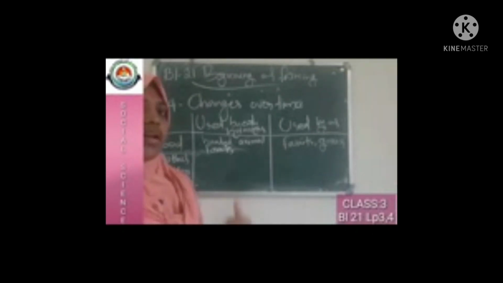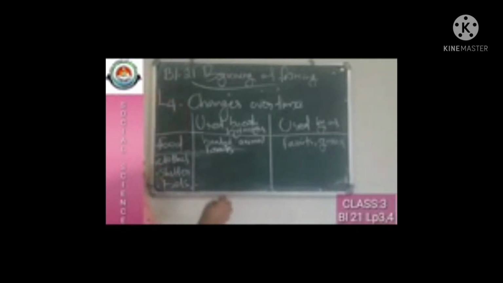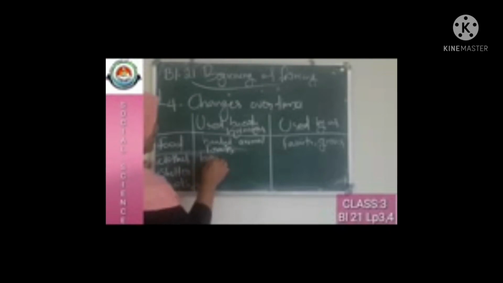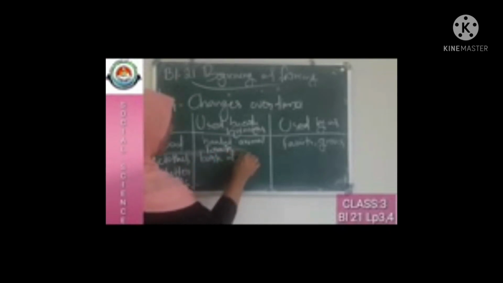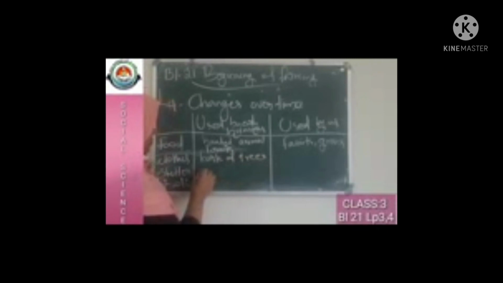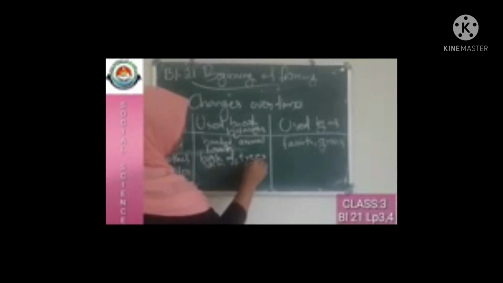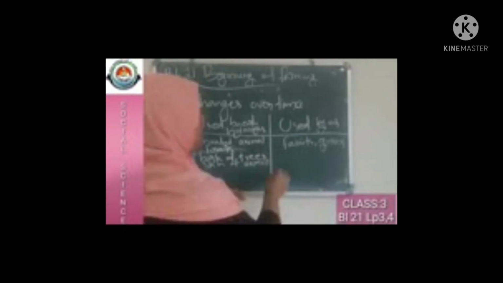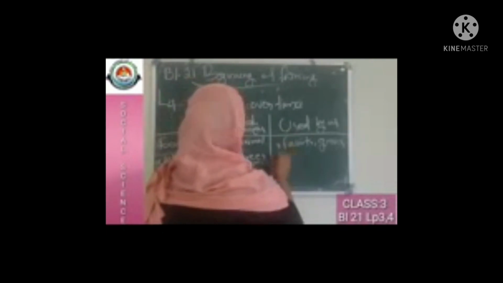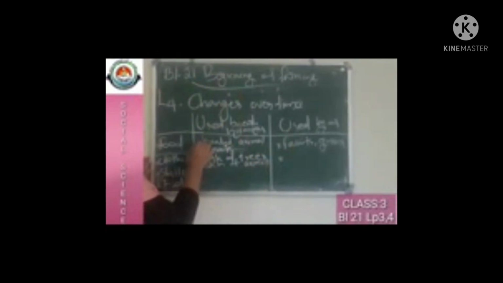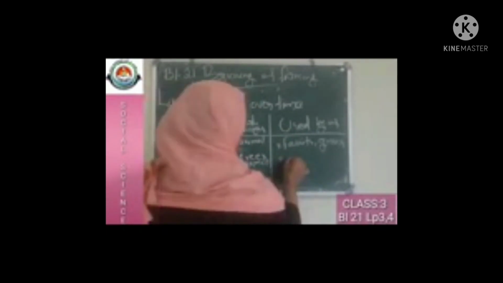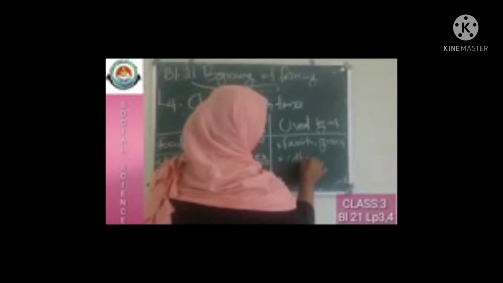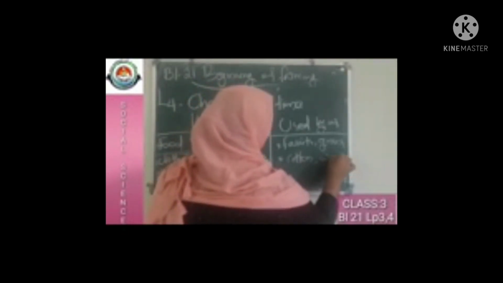Clothes. Early humans wore bark of trees and skin of animals. Then what about us? Cotton clothes, wool. We have different types of clothes.